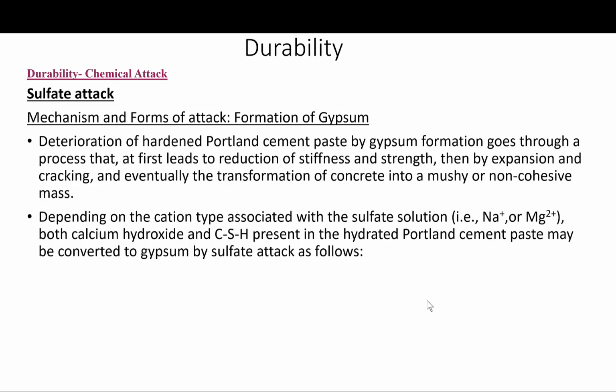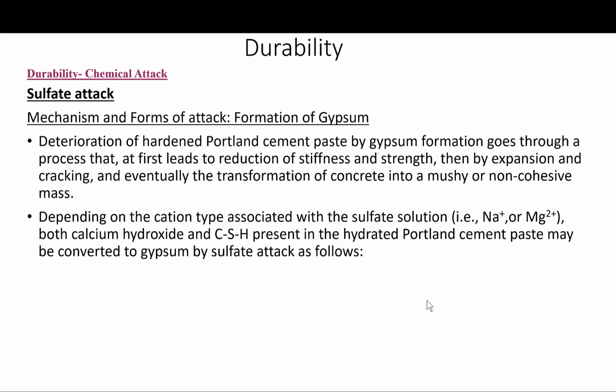We have another mechanism for sulfate attack, which is due to the formation of gypsum. Gypsum formation as a result of cation exchange reactions is also capable of causing expansion.